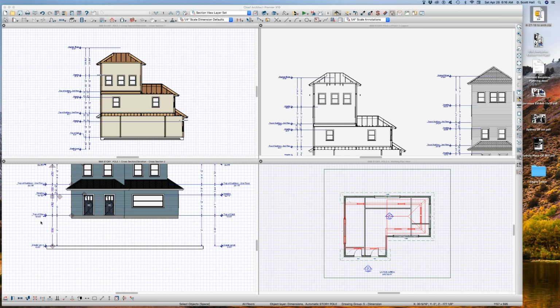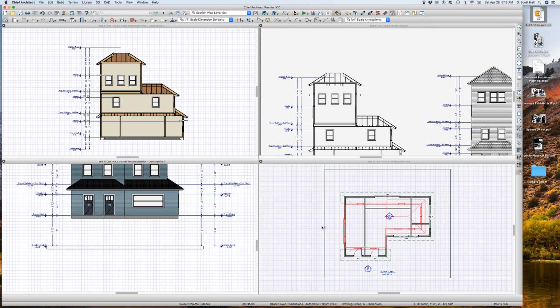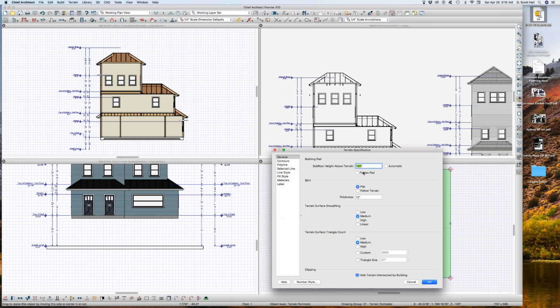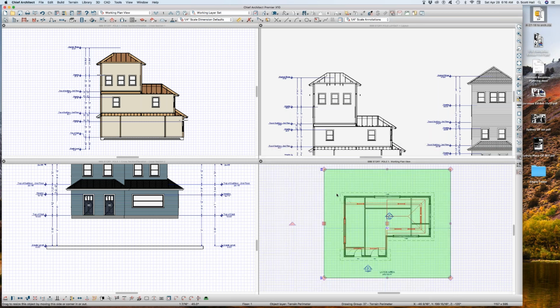So this is the way I handle this. I usually set my terrain at 0. My terrain is at 0. It's at finished floor level.